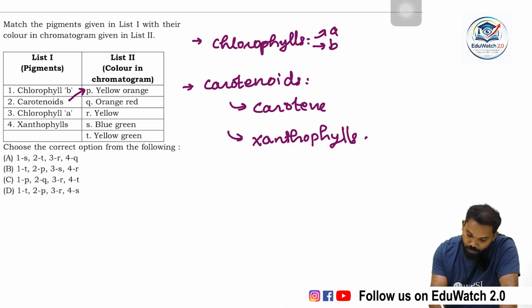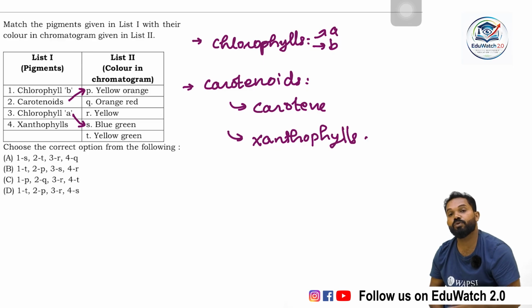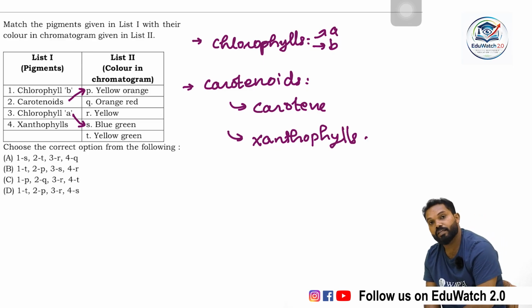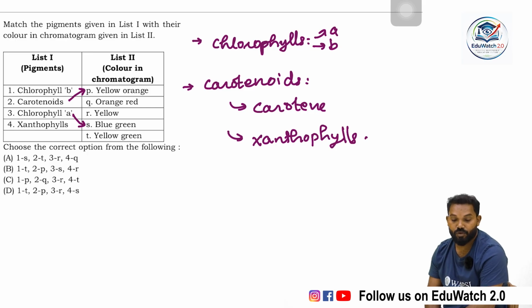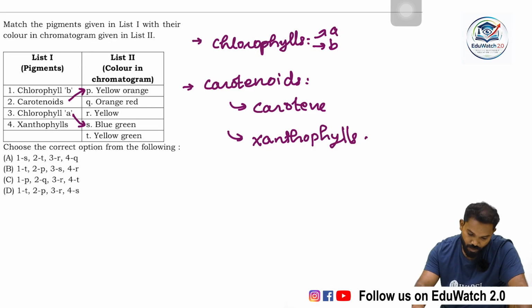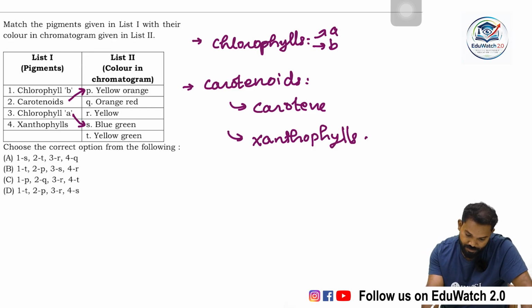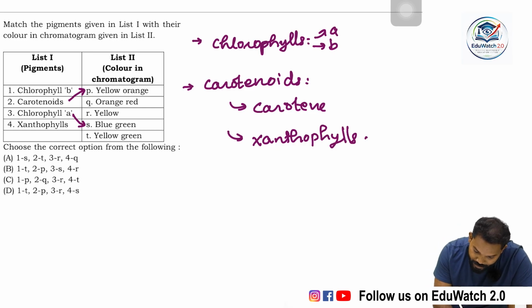Chlorophyll A is the blue-green color. Chlorophyll A is the major pigment of blue-green algae and also green algae, Chlorophyceae. So they give blue-green. Then chlorophyll B gives yellow green.